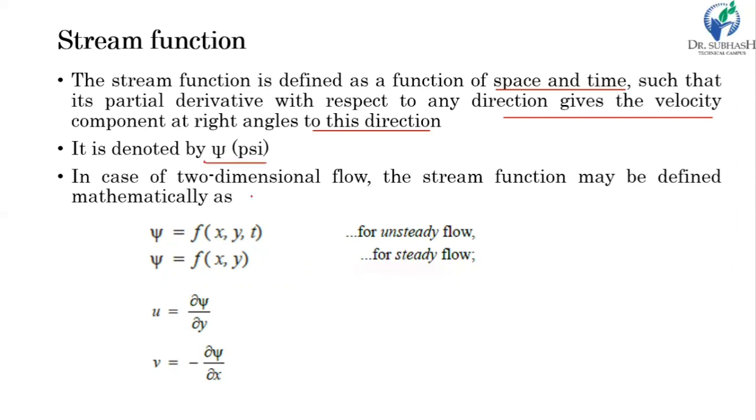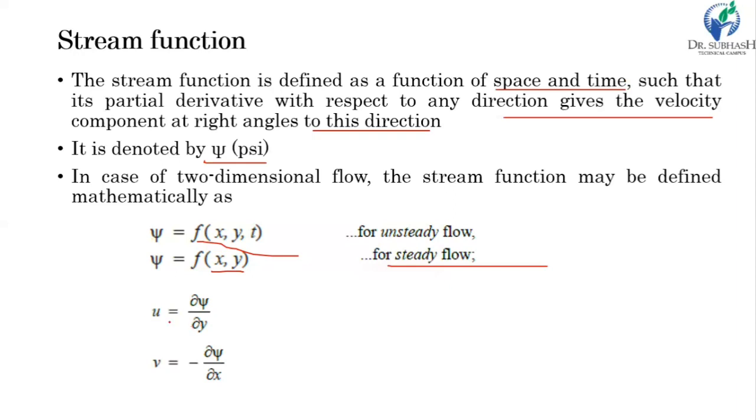So for the two-dimensional Cartesian coordinate system, if psi is a function of space and time, then we can write psi as a function of x, y, and t for unsteady flow, and a function of x and y for steady flow. As per the definition, if we take the partial derivative with respect to y or any direction, it gives you the velocity at a right angle.